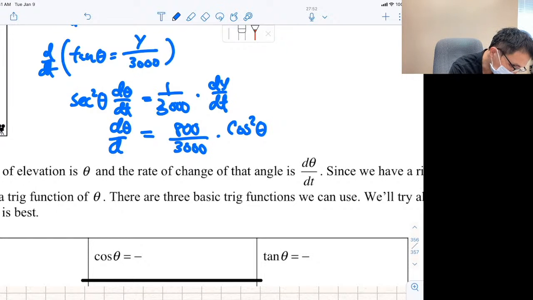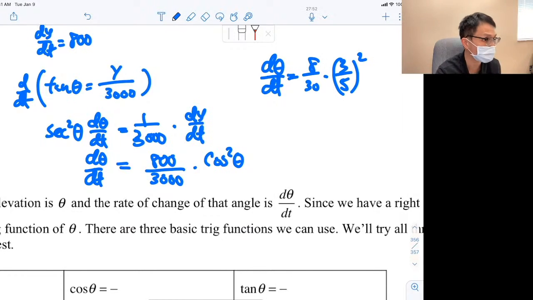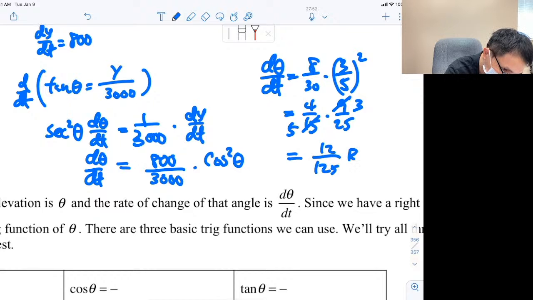So d theta dt is equal to 8 over 30 times 3 over 5 squared. Why 3 over 5? 3000 over 5000 is the same thing as 3 over 5. That equals 4 over 15 times 9 over 25. Now 9 and 15 reduce down to 3 and 5, so it'll be 12 over 125 radians per second. Voila.